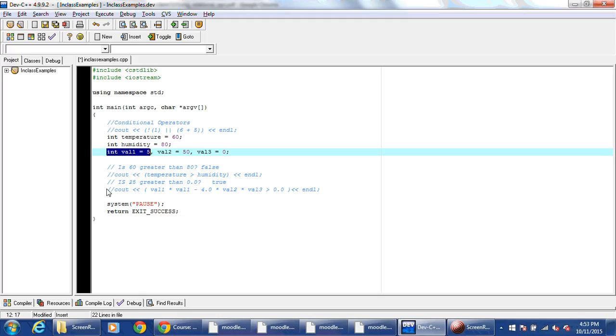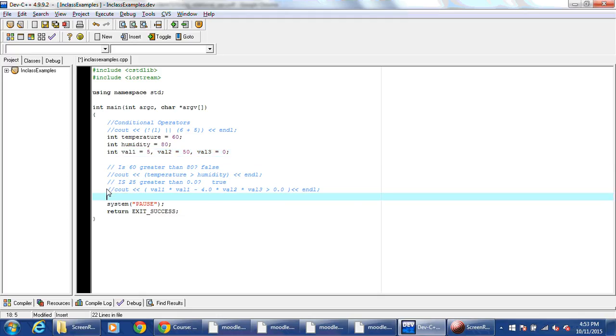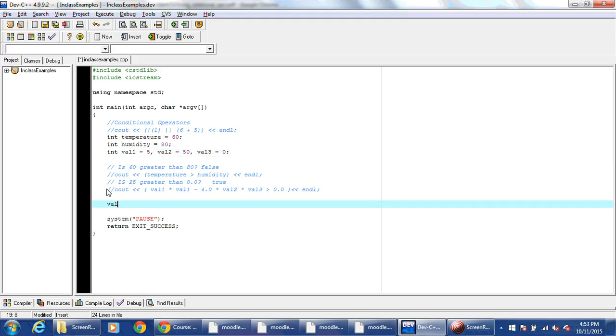That's an assignment operator. But if I say val1 is it equal to 35, now I'm using a relational operator here, and I'm asking the question, is 5 equal to 35?